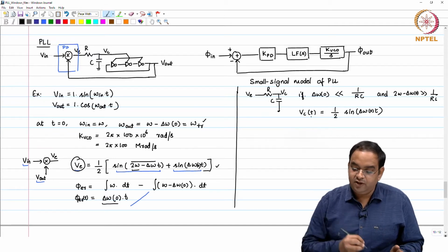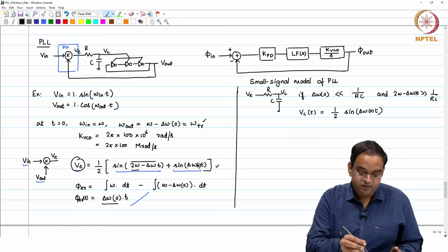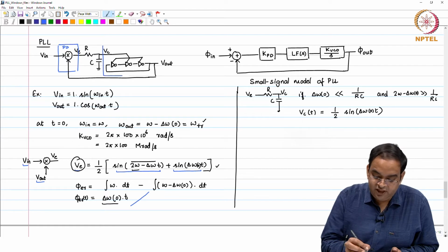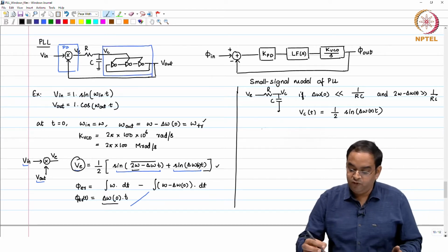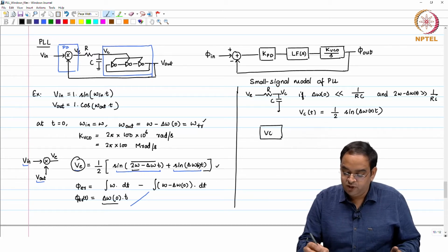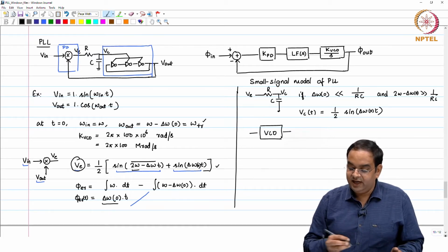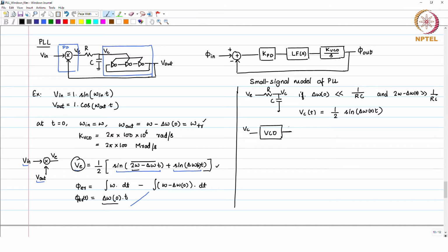Okay. Now, if this is the control voltage and you have an oscillator, this block is your oscillator block, I will just write this as a block, standalone VCO, whose output frequency is given as, this is V control and we know what is V out, but the way the frequency is controlled at any given time is omega out of t is equal to omega free running plus k VCO times Vc, which will then lead to omega out as omega minus delta omega 0 minus k VCO times Vc.